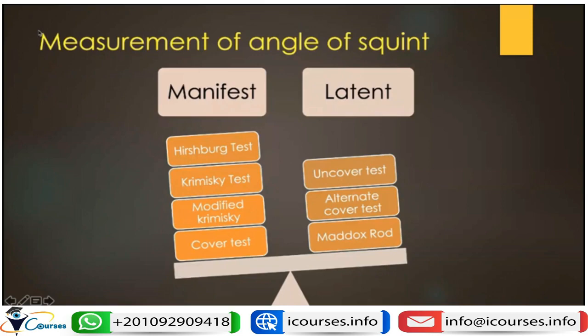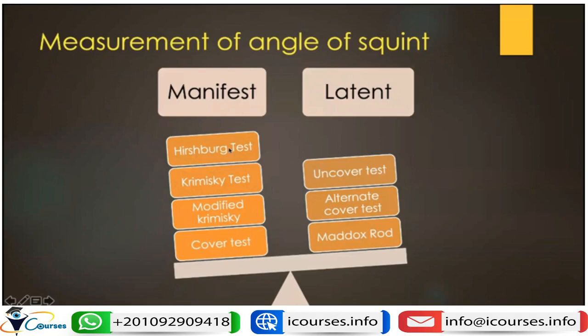To have a basic knowledge about squint, we have two types of squint or strabismus. We have the manifest strabismus, where you see the manifest deviation of the eye, or there is a latent strabismus. The latent strabismus is not evident all the time, but it is concealed or hidden, and it only appears if the patient is inattentive or not concentrating, and you can provoke it with specific tests.